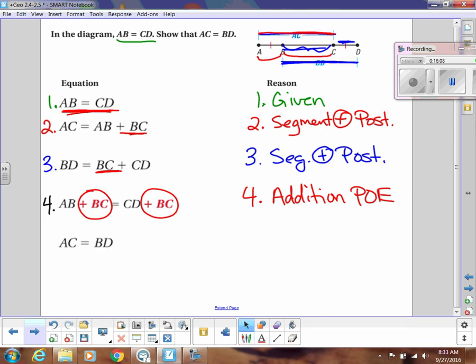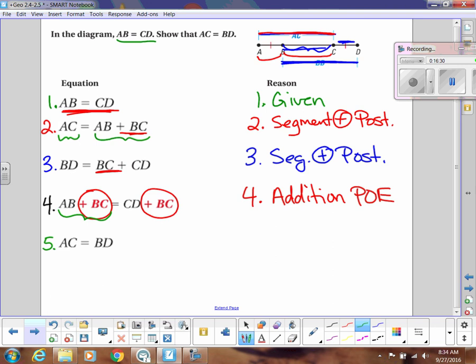Okay, so then now they have, in our last statement, what we were trying to show. We were trying to show that AC equals BD. And the reason they can write that now is because AB plus BC, we said that was equivalent to AC. So they replaced it.